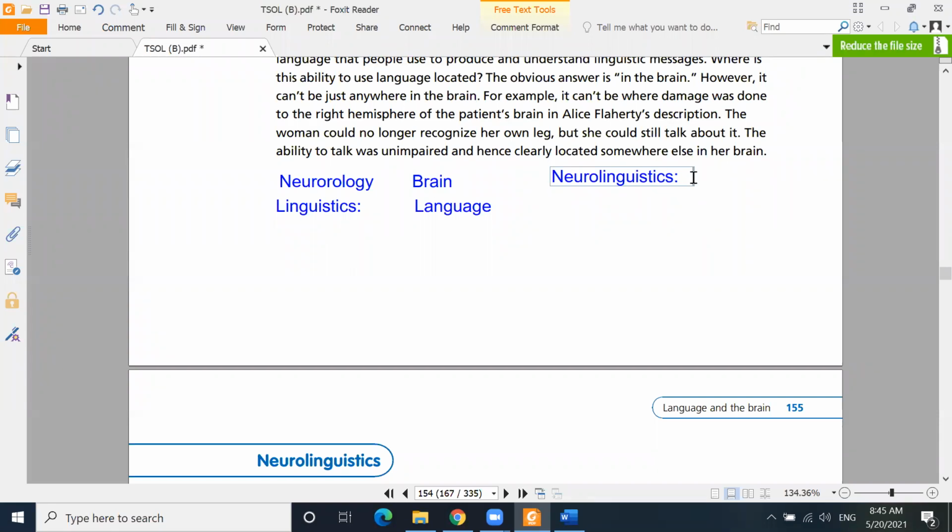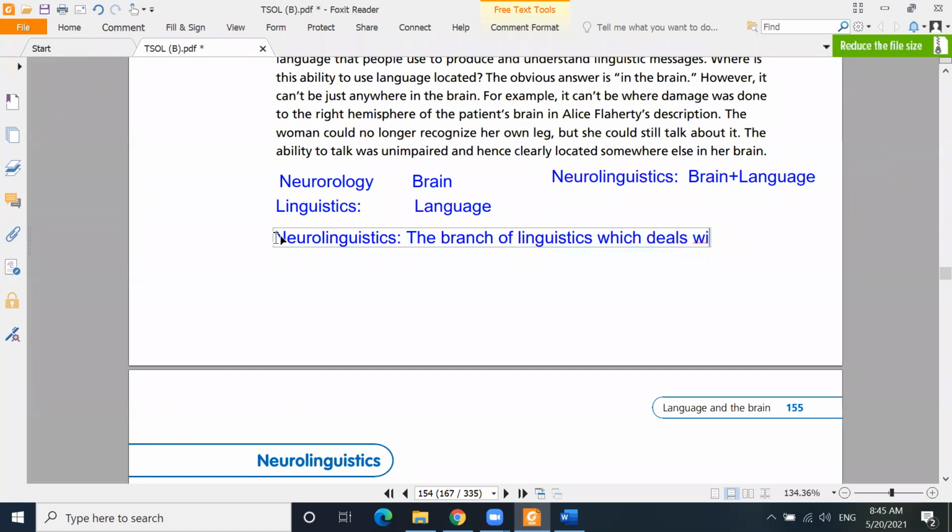You see, brain plus language. So what do we mean by neurolinguistics? Neurolinguistics is the branch of linguistics which deals with the scientific study of language in relation to brain.